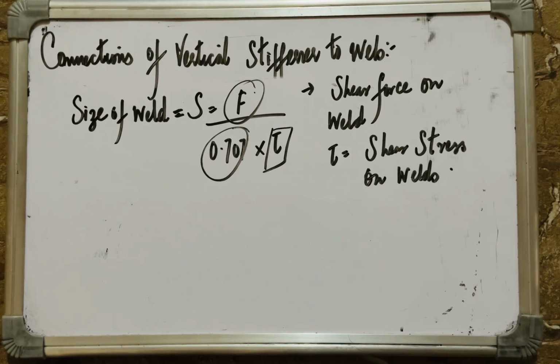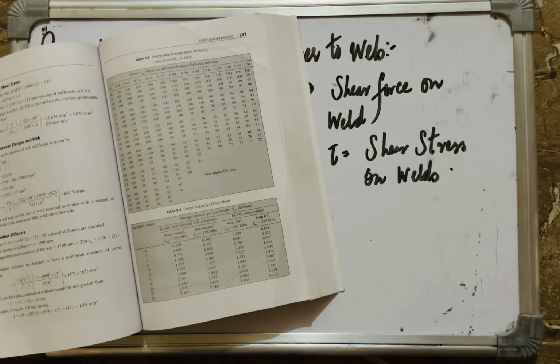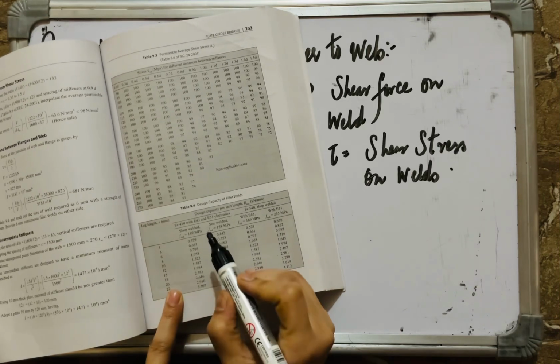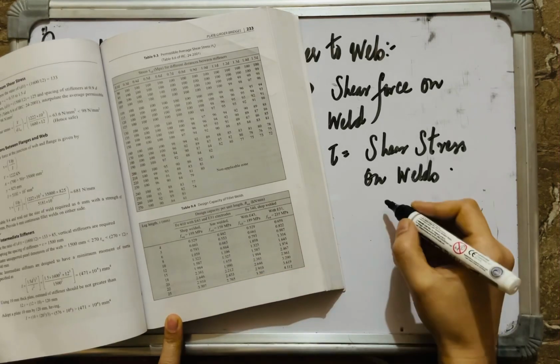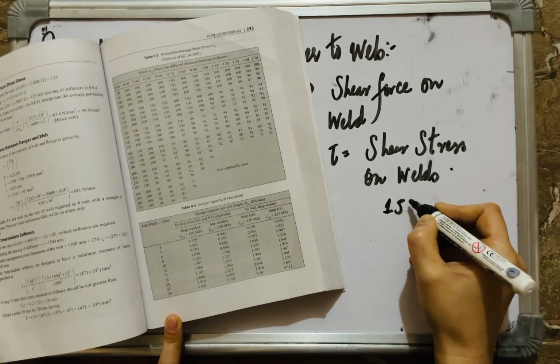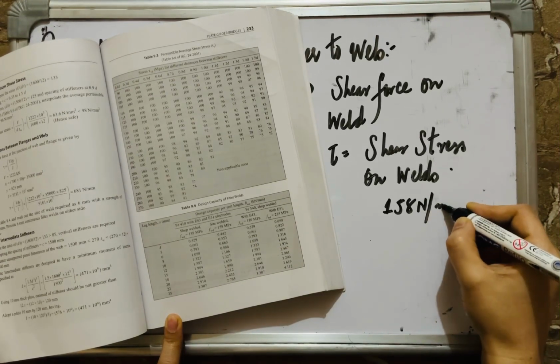Shear stress on welds. We'll again go to the same table we used earlier. I'll be using a side welded fillet weld, which has a shear stress of how much? 158 MPa, Newton per mm square.